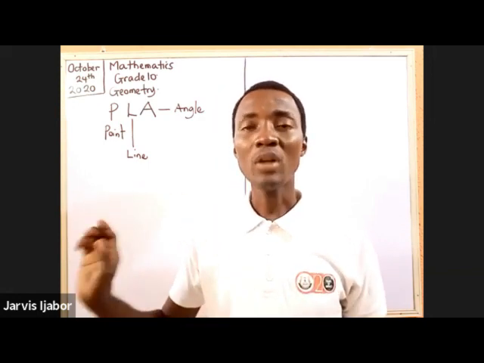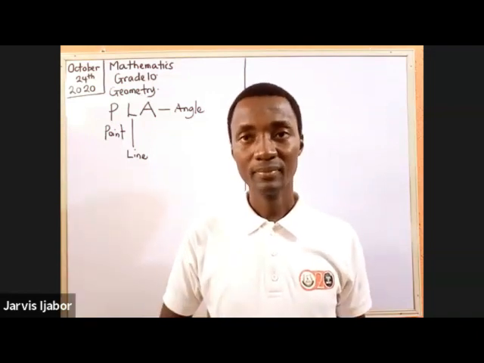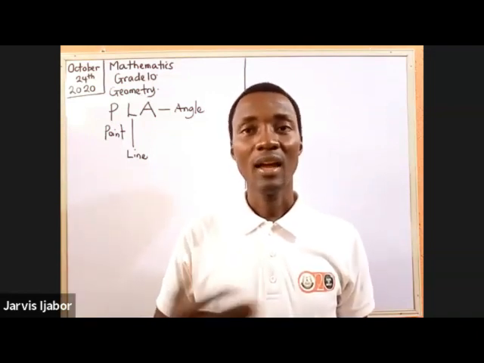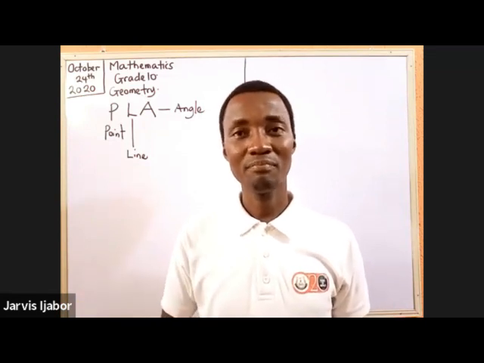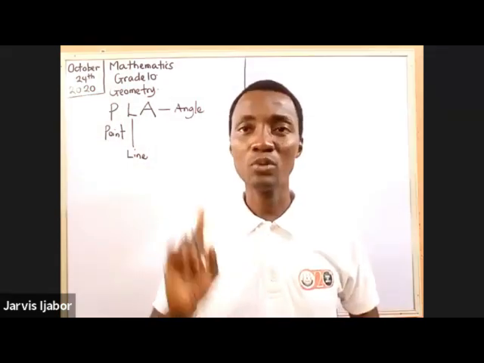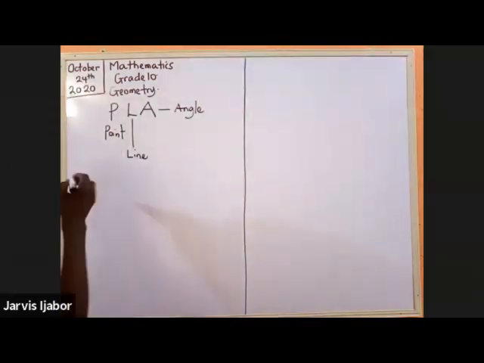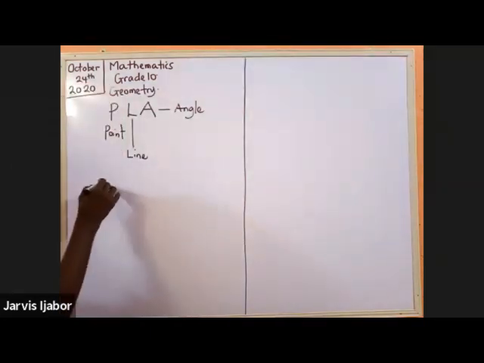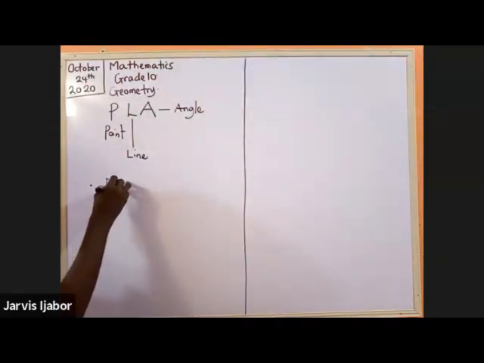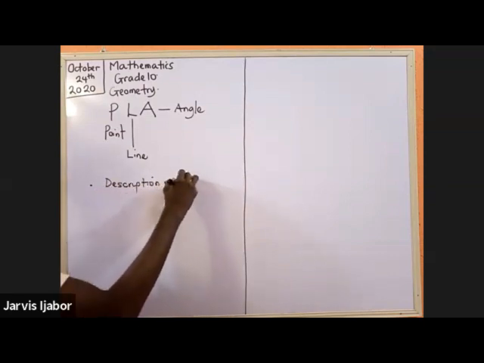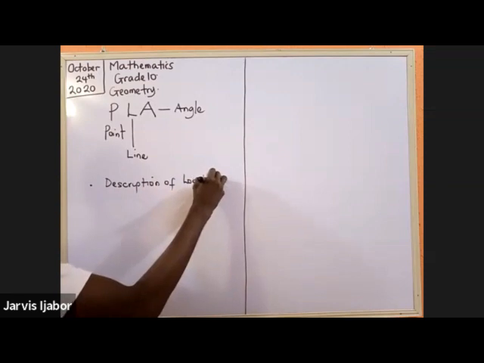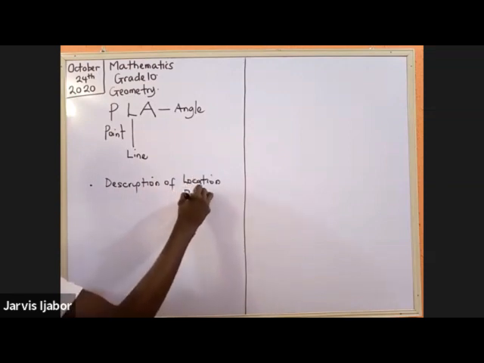Now, what is a point? There are lots of books and lots of definitions, but by wealth of experience, I've come to understand that a point simply talks about what? It is the description of location or position.